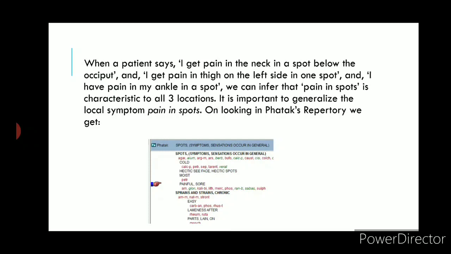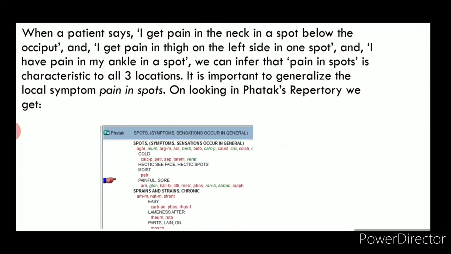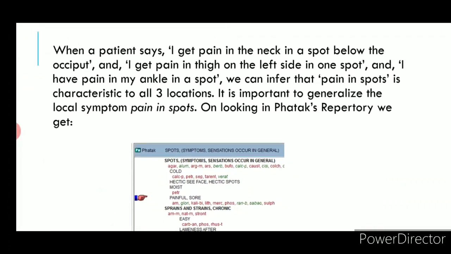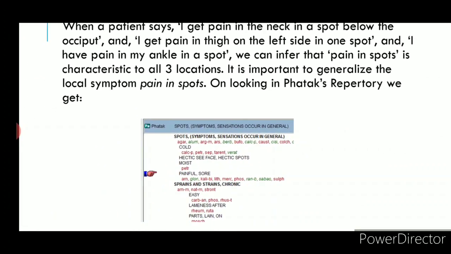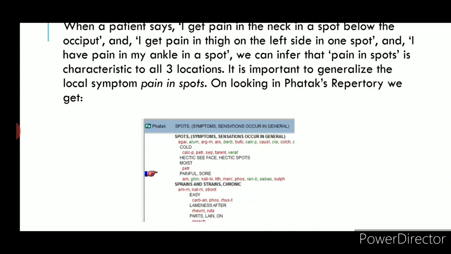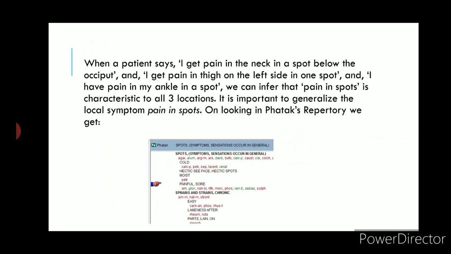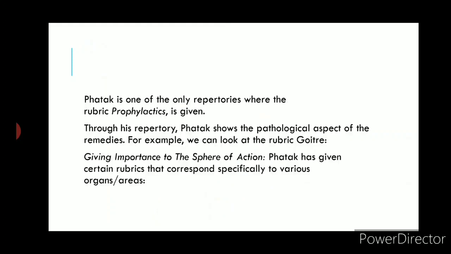The example is that the patient is having somewhat of a pointed pain in different locations. So you can analyze the symptom on a general level and interpret a symptom like the patient is having sore and painful spots. The rubric is given in this repertory.